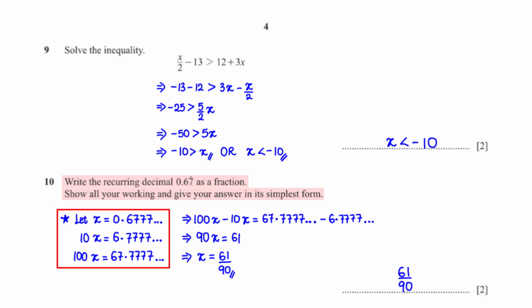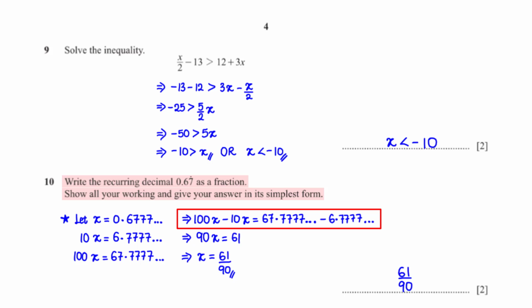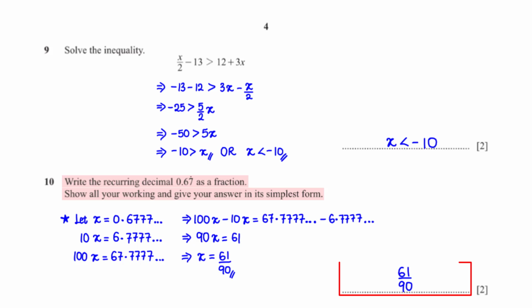So when we subtract 10x from 100x, this is what we have. 100x minus 10x is 90x, and 67.77 minus 6.77 is 61. When we divide both sides by 90, we have x equals 61 over 90.